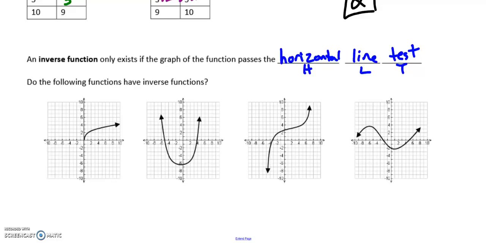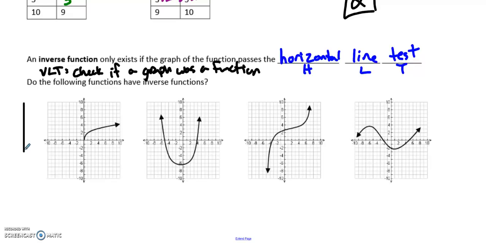So if you remember, there was the vertical line test, the VLT, which I used to check if a graph was a function. Now we have the horizontal line test, which will tell us if the inverse of that function or that graph is a function. So I'm going to be checking 2 things here as I go.